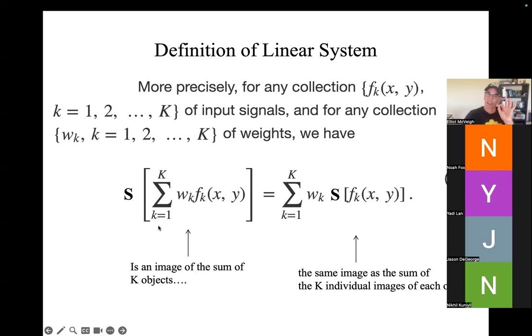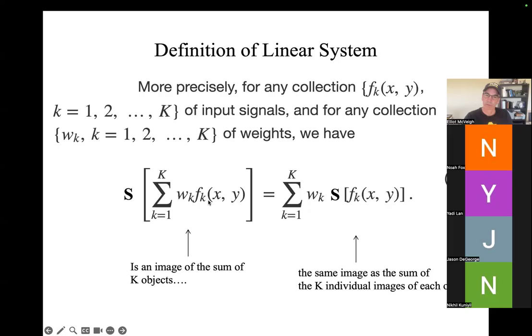What defines a linear system is this: when I take two inputs and push them into my system, I can instead take each individual input and put it into my system transformation S, and add those results up out here.